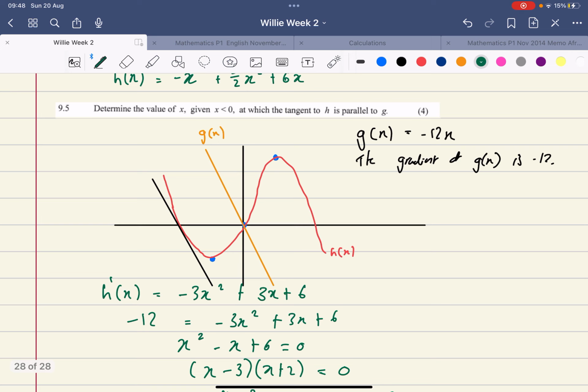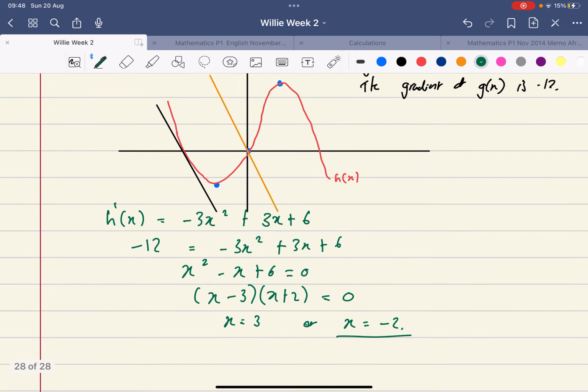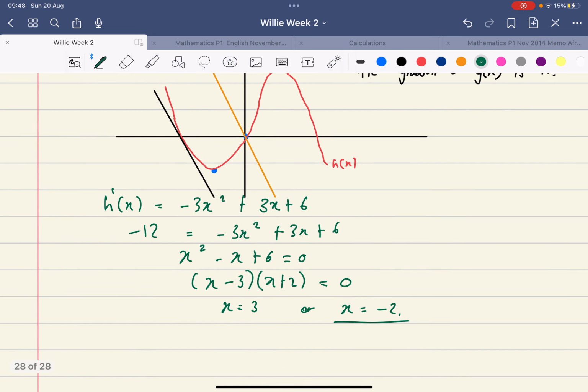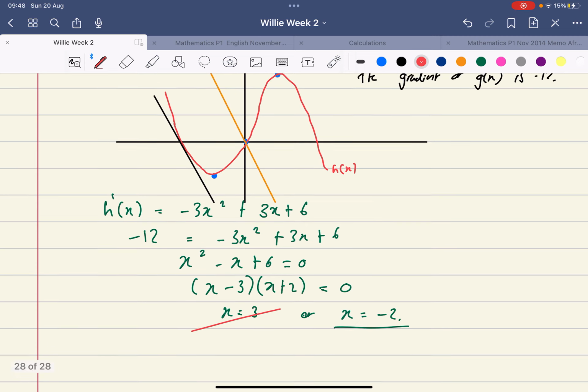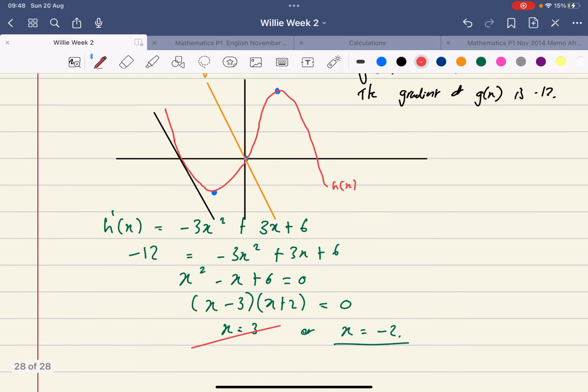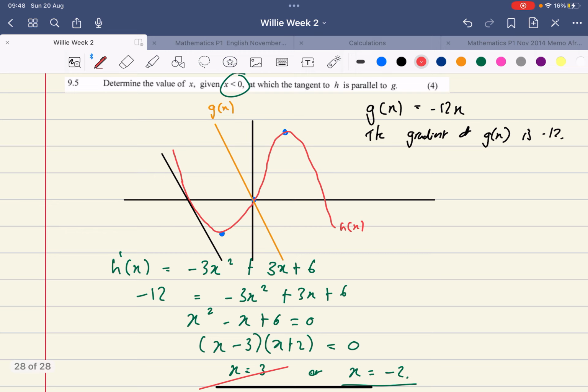However, in their question, they tell us that x is smaller than 0. So therefore, x equals 3 is invalid. And so there we are. At x is equal to minus 2, we have a tangent line whose gradient is parallel to g of x.